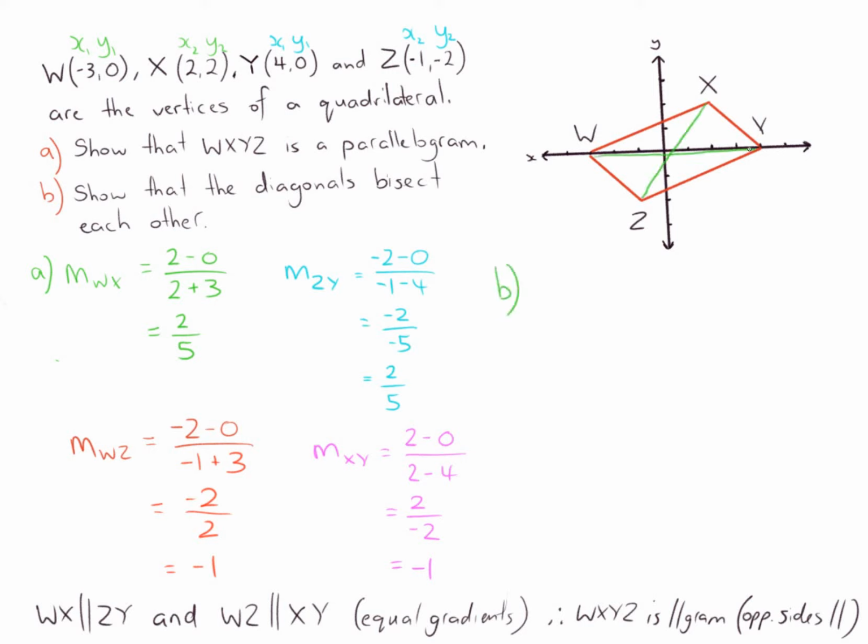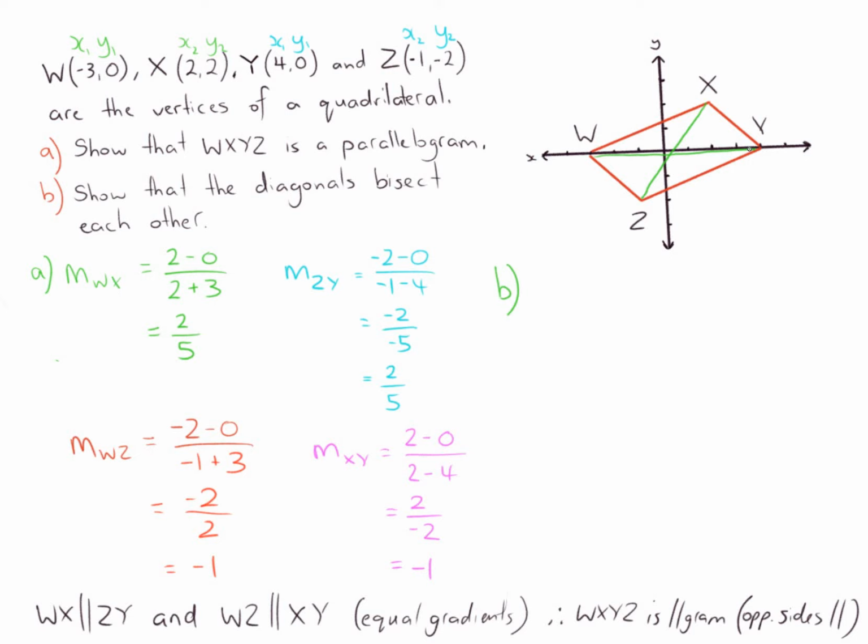Now, they must meet each other at their midpoints. So if we can work out the midpoint of WY and XZ and show that it's the same point, then we'll show that the diagonals bisect each other.